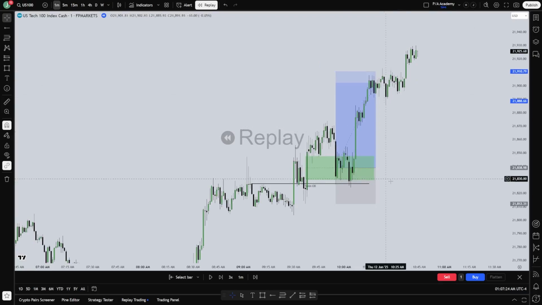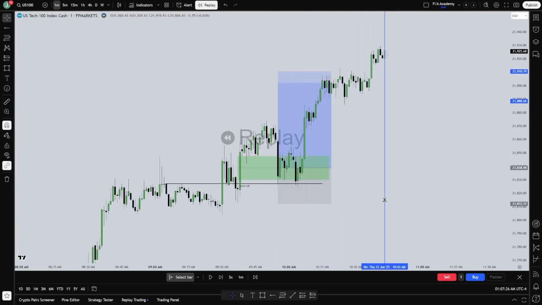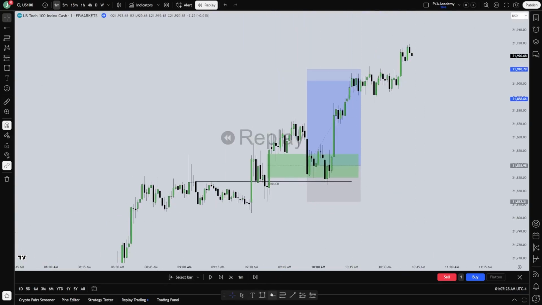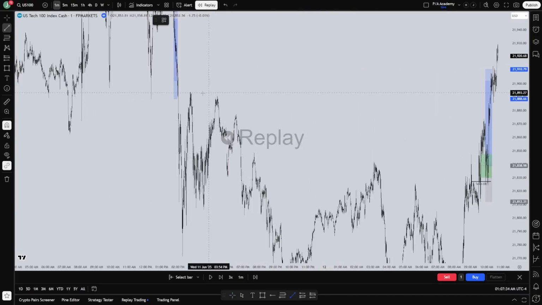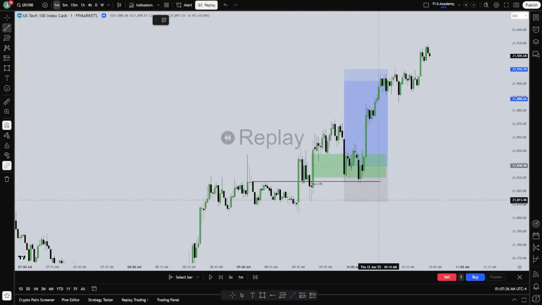So right off the bat, I would have trailed my stop loss after we took out this high, since we are so close to these relative equal highs here. And plus it's such a monster move, so I definitely put it right below this fair value gap, something like that. Already managing risk. And then consolidation.